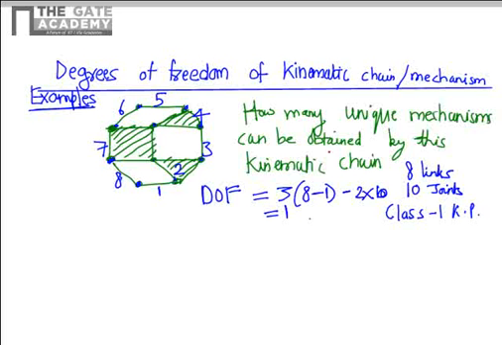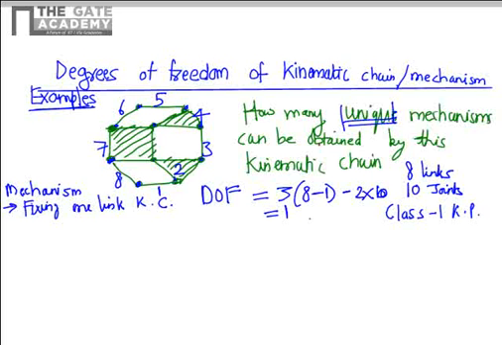So if you go to the definition of mechanism, you see that the mechanism is formed by fixing one link in the kinematic chain. Okay, so the question asked here is how many unique. So this is a catch in this question.